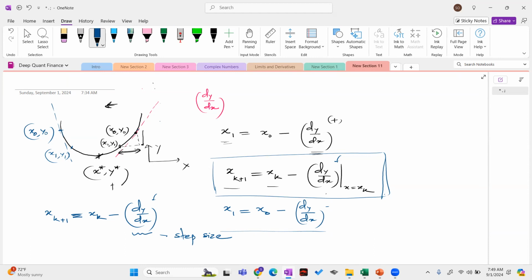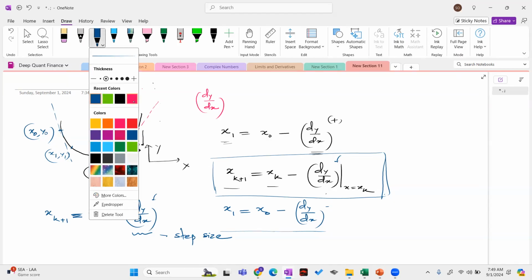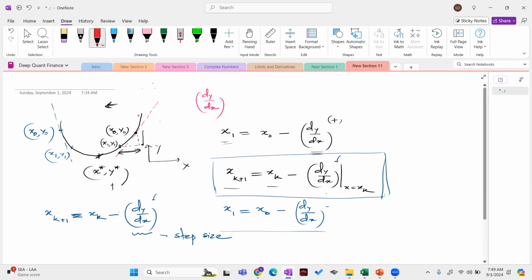I want to control that step size by introducing an additional parameter that I can specify. Some kind of constant, okay? And this eta is called as learning rate.